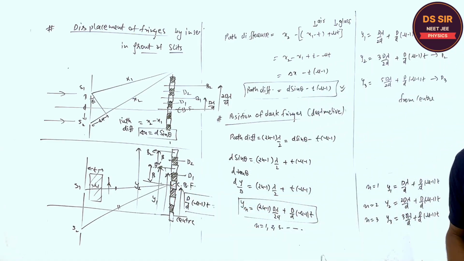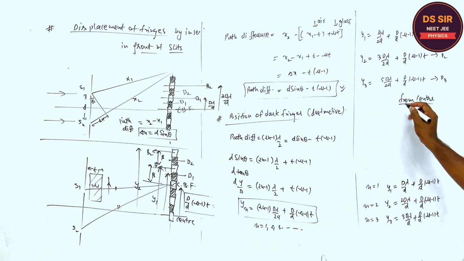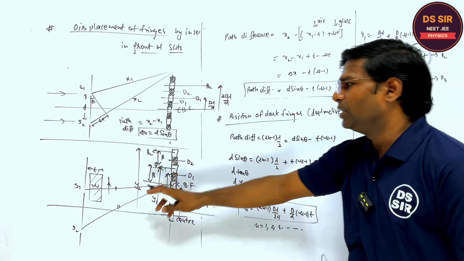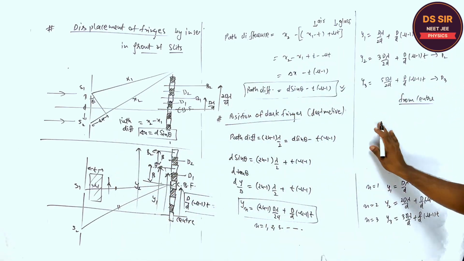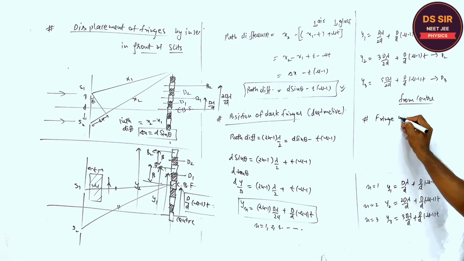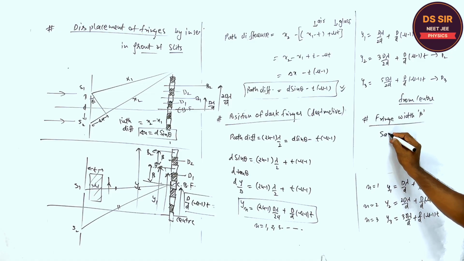This is the central bright fringe. Copy this. Okay, so now, all the fringe pattern is shifted in this direction only, right? Can you tell me what is the fringe width? In this case, the fringe width beta remains the same. How much? It is d lambda over d.